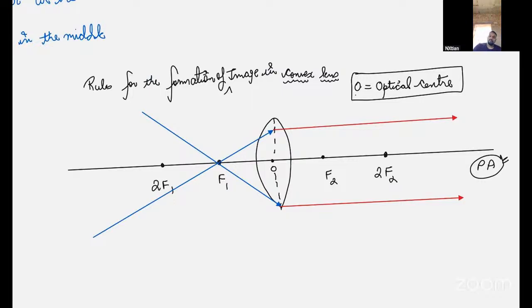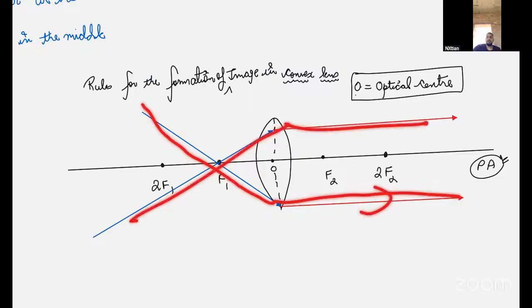Okay, now listen, guys. This is the second law. If a line is going through F1, it will become parallel to the principal axis. The converse of the first one.